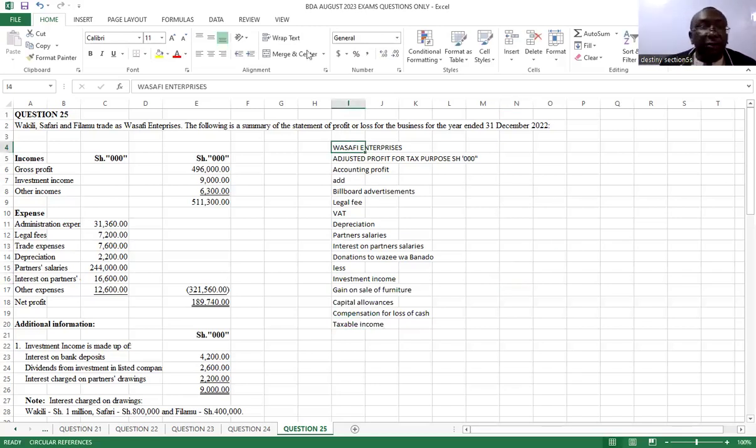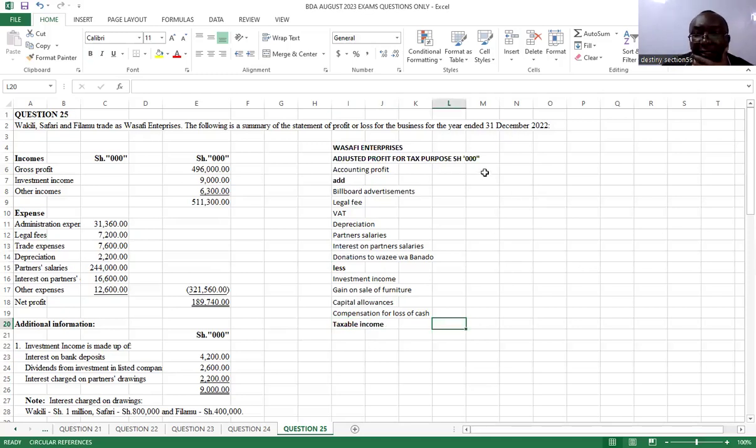I prefer, first of all, having the frame. I don't think I've taught anyone of you previously. You may not know that style. Prefer having the frame first. Good. So tell me the accounting profit.